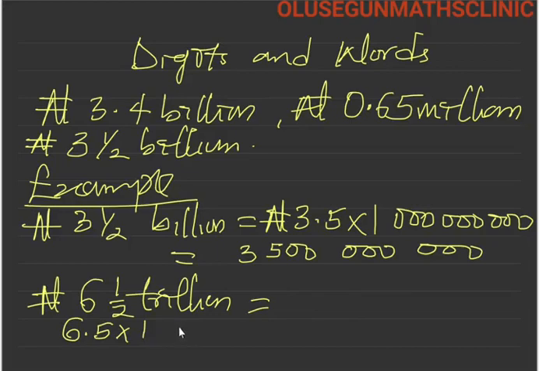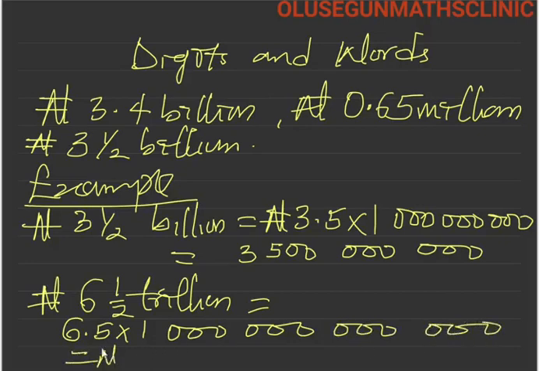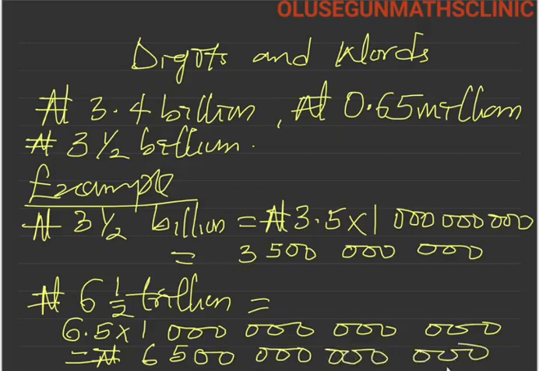And 1 trillion will give you 1, 2, 3, 1, 2, 3, 1, 2, 3, 1, 2, 3. So in overall, the value will now be 6 trillion, 500 billion. You are able to count now: 1, 2, 3, 4, 5, 6, 7, 8, 9, 10, 11, 12. So it means 6 trillion 500 billion. So that is just the value.